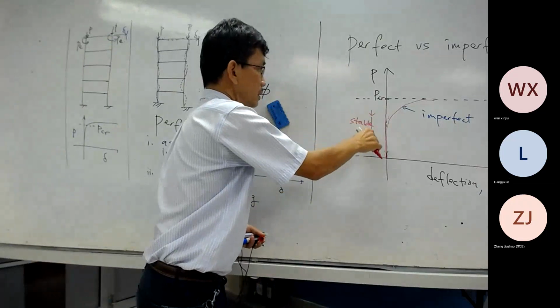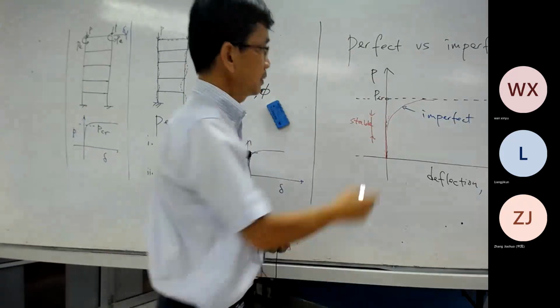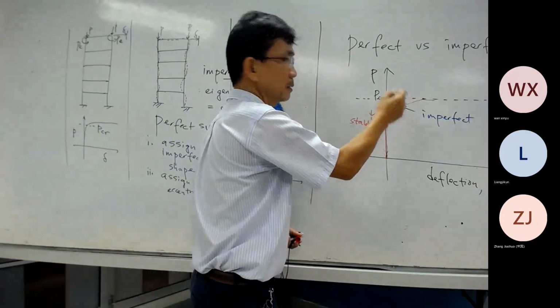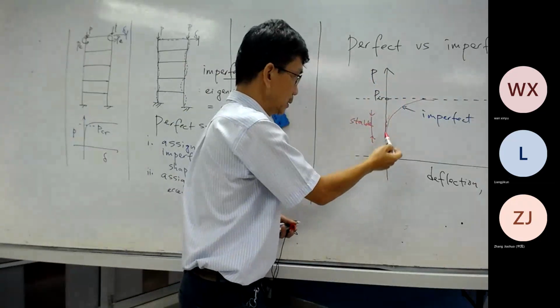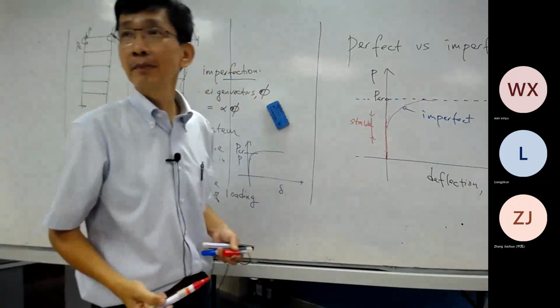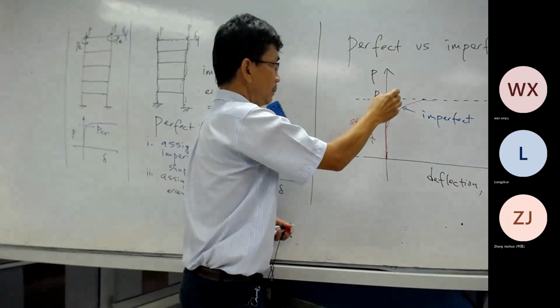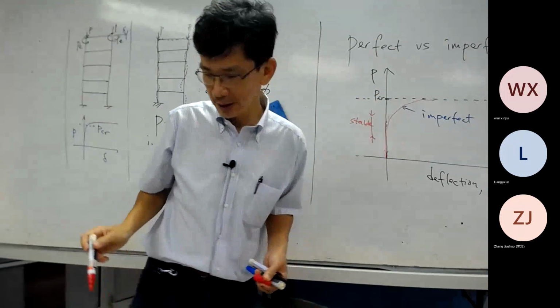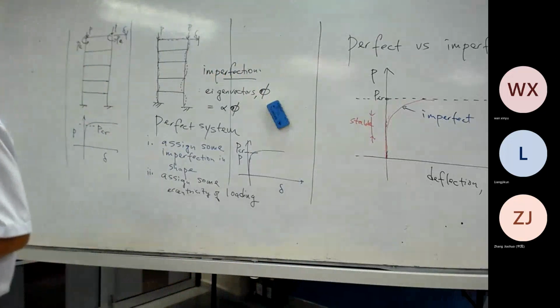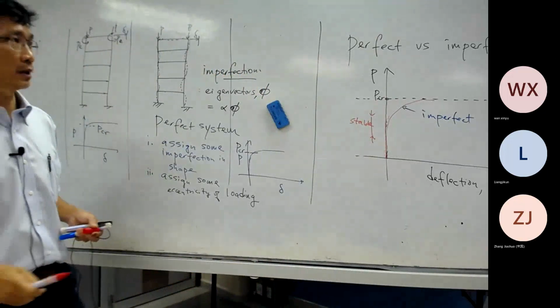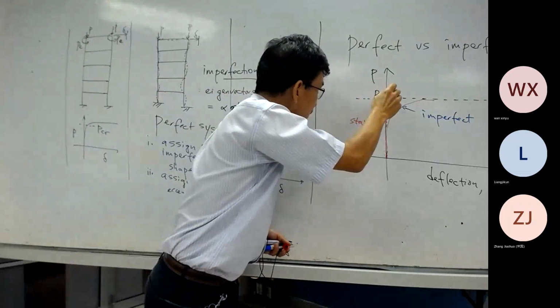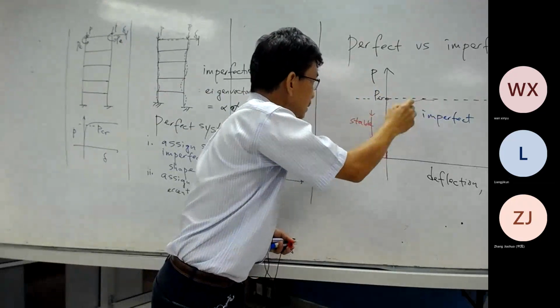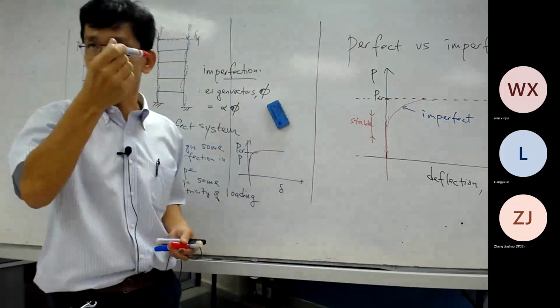So the answer to the question that I asked is, if I ask you to draw the corresponding curve representing the behavior of the perfect column, it is this one. Now, when it reaches here, what happens? This is a revision of what you already learned. For imperfect, it can never reach that level.